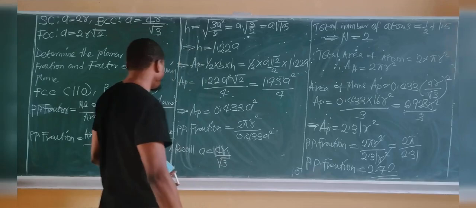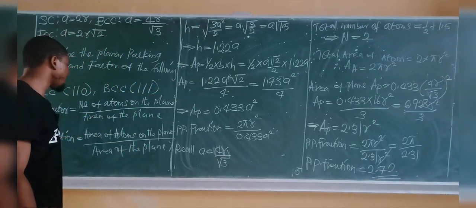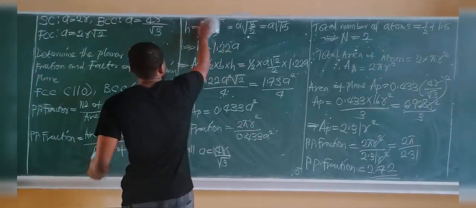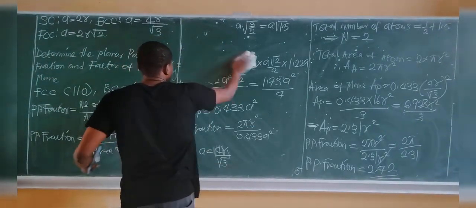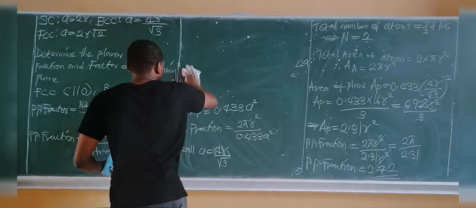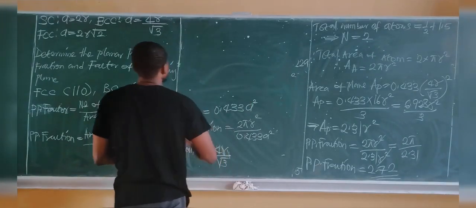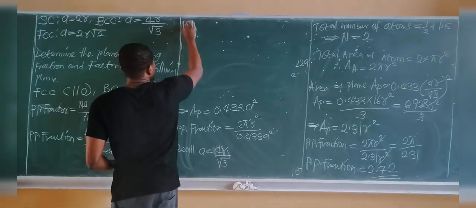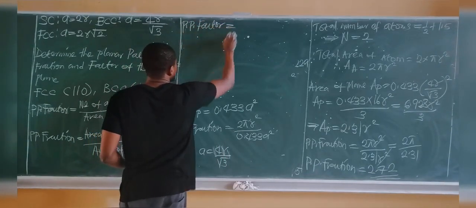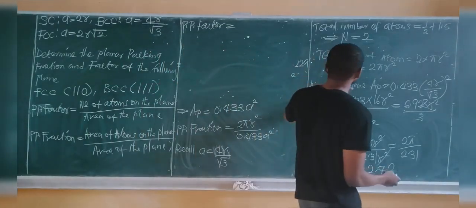Next, we compute the planar packing factor, which is simply the number of atoms divided by the area of the plane. So I can do that here. All right, so the planar packing factor is now the number of atoms, and we obtained the number of atoms here to be equal to what? 2.